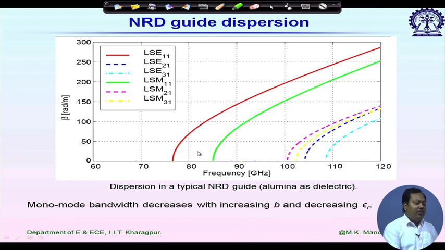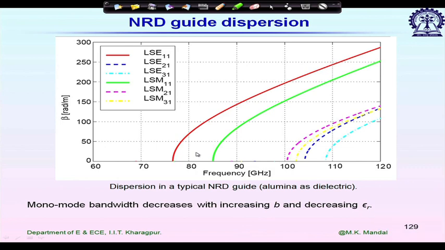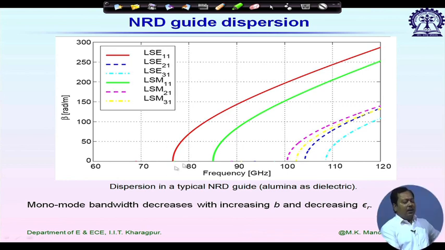So, if I use this channel for LSE mode, then the effective bandwidth I can utilize is from 76 gigahertz to approximately 85 gigahertz. It is a very narrow band, but usually people prefer LSM mode due to lower loss, and if I utilize it for LSM mode excitation, it is from 85 to almost 100 gigahertz.